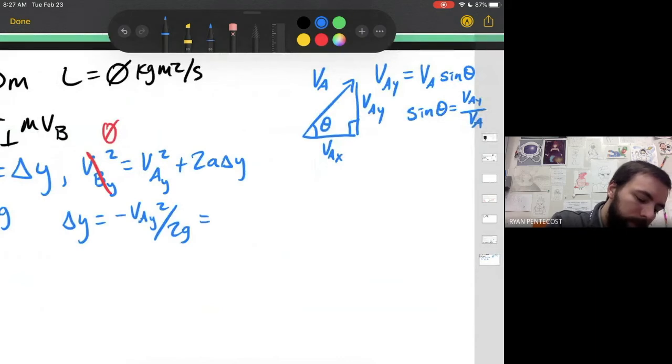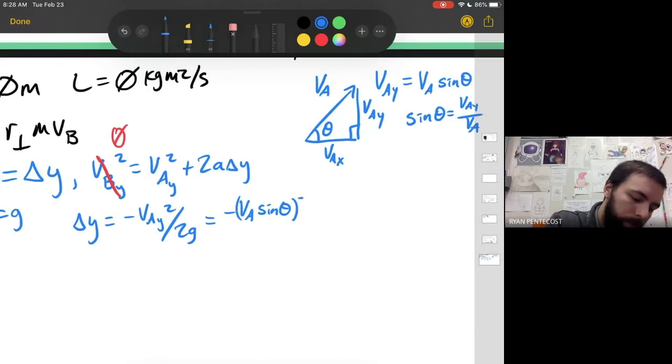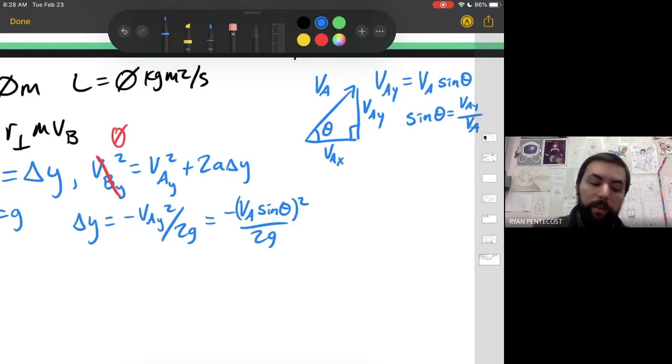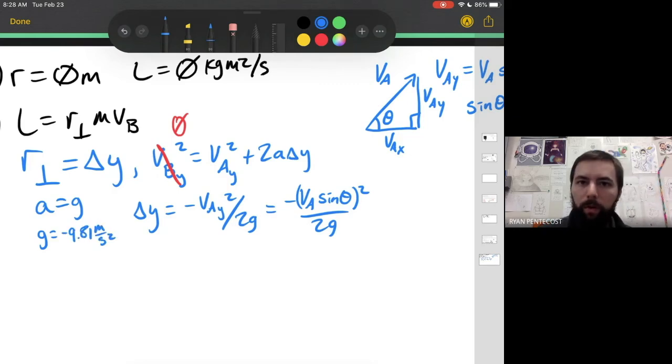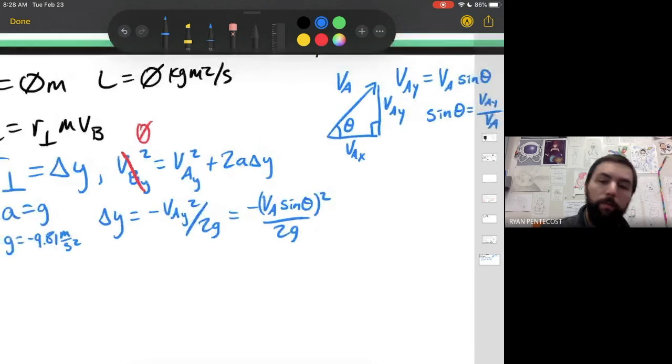I will make that substitution. We have negative VA sine theta, squared, divided by 2G. Now remember, G is negative, so that's what's going to happen with that negative. Remember, G is negative 9.81 meters per second squared. So if we assume that, then the negative is going to sort itself out.